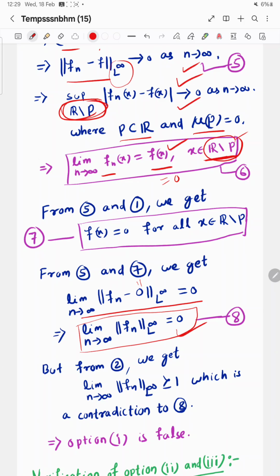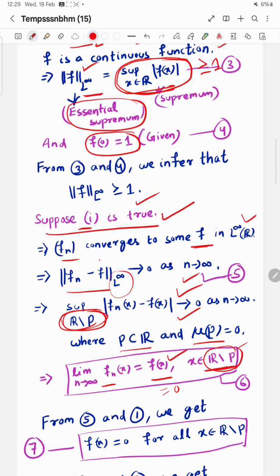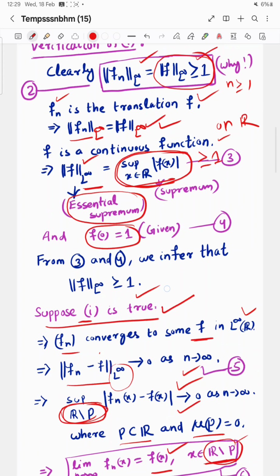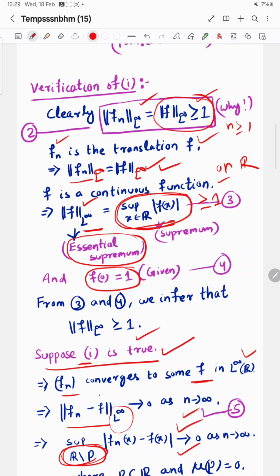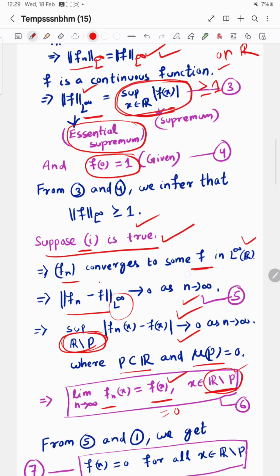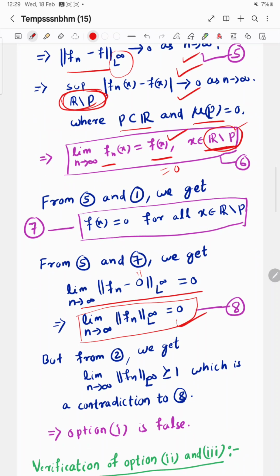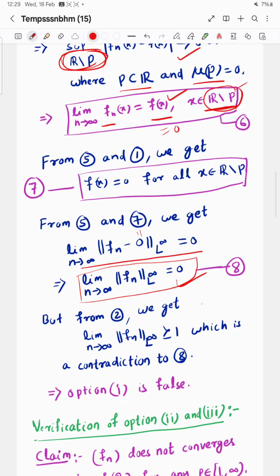But if you look at equation 2, the L infinity norm of the f_n function is always greater than or equal to 1. If you take the limit on both sides, this limiting value is also greater than or equal to 1.